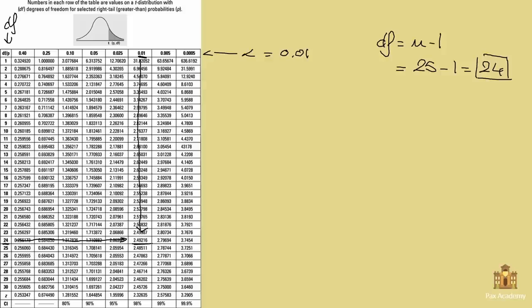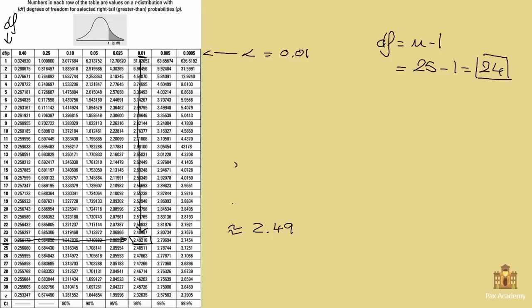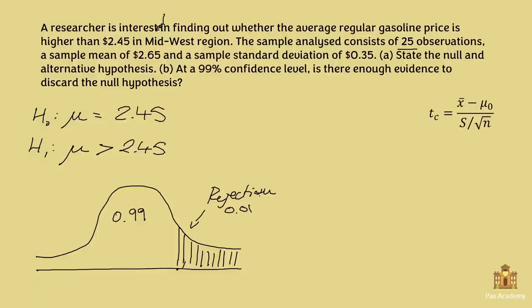And so we get this value, which is approximately 2.49. Very good. So this is our critical value. And by the way, this can be negative or positive. You choose which one is better for your exercise. In this case, we need the positive one. So our value is 2.49. This is our critical value.